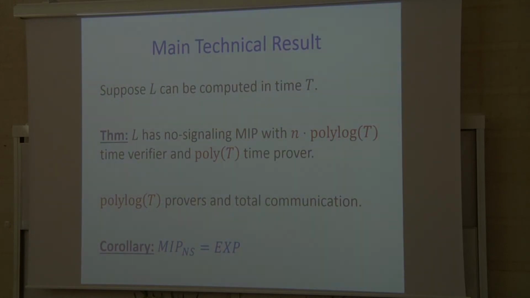So the scaled up version will just tell you that MIP-NS is equal to EXP. The scaled down version, by scaled down I mean that we're looking at languages in P, then t is going to be a polynomial, and then our MIP verifier runs in n times polylog n time, and the prover is polynomial time.